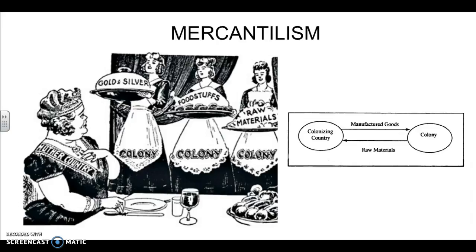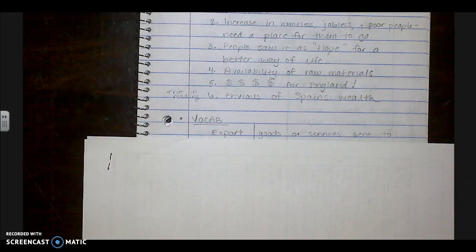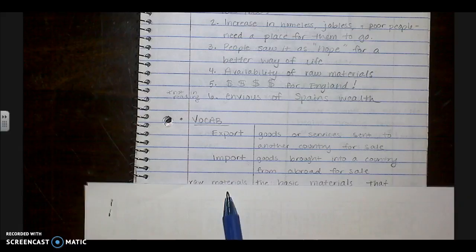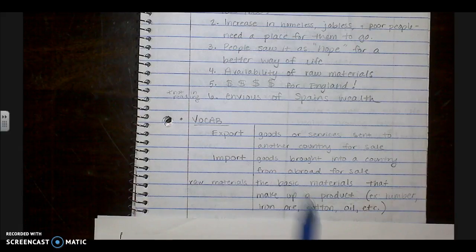And just remember that it's also a symbol of control. This mother country has clear control, and that's why these people are her servants in this picture. It's not the other way around. She controls them. Some vocabulary that also goes along with mercantilism is export, import, and raw materials, just as a reminder.